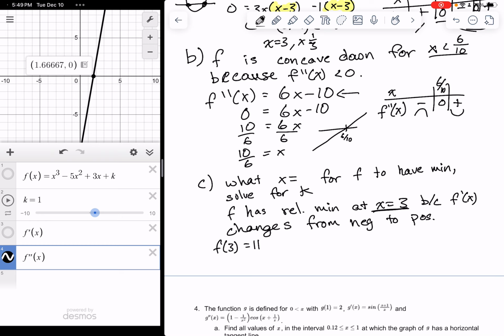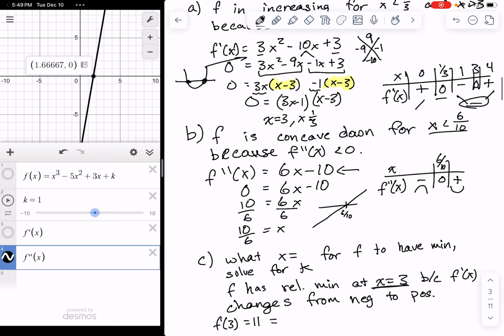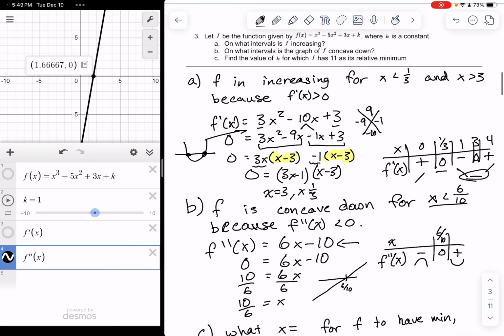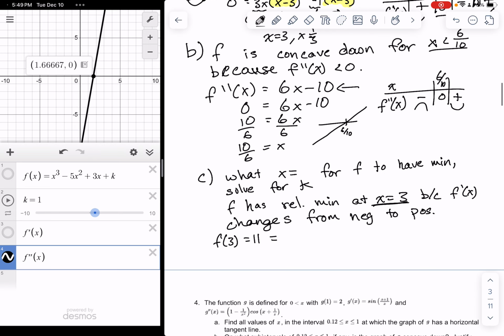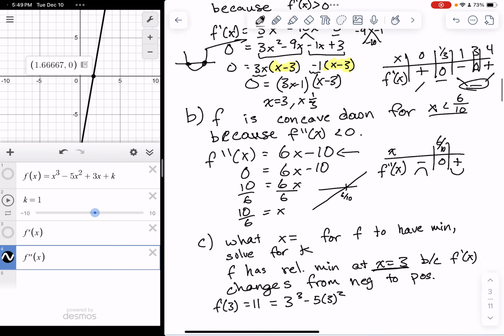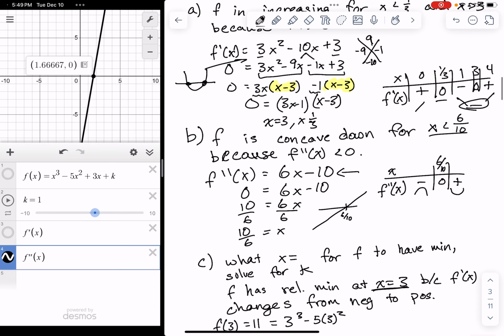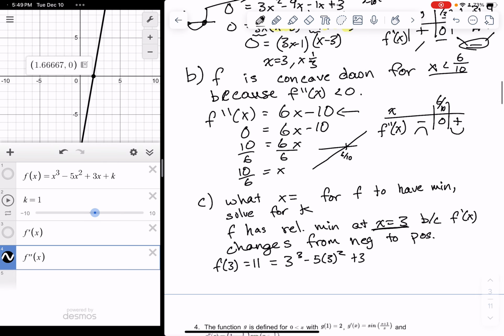Now we plug in 3 for x: 3 cubed minus 5 times 3 squared plus 3 times 3 plus k.